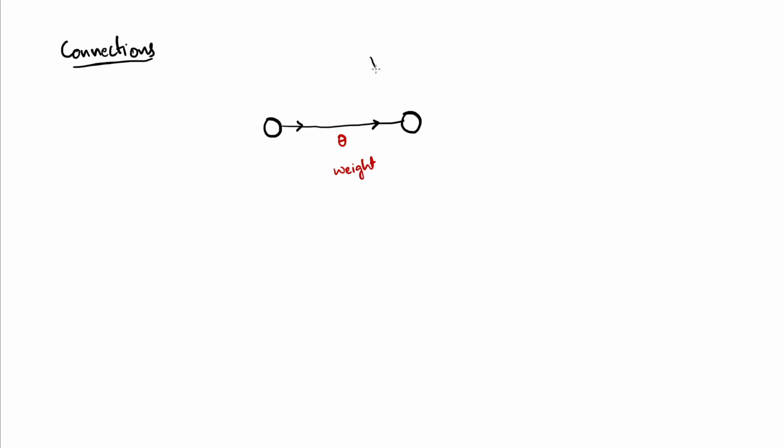Let us say we have inputs from other neurons as well, and the weightage that's given to these are different. Let us say this is 5, the weightage given to another input is 0.1, and another is 0.01.